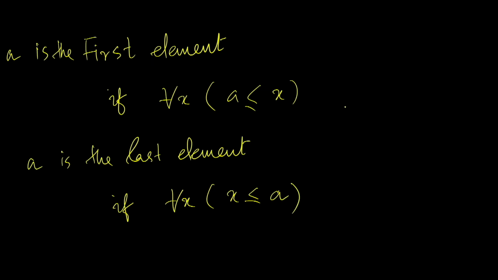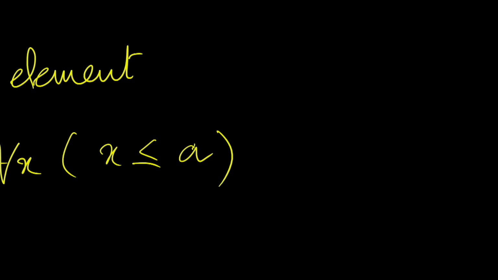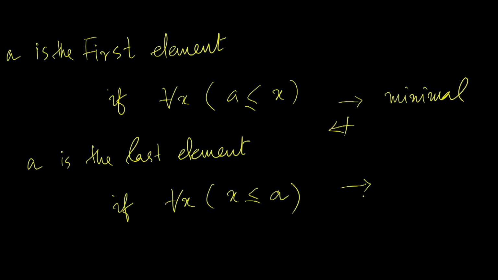So, from this we know that a first element is always a minimal element, not necessarily vice versa. A last element is always a maximal element and not necessarily vice versa. Let us consider consistent enumerations.